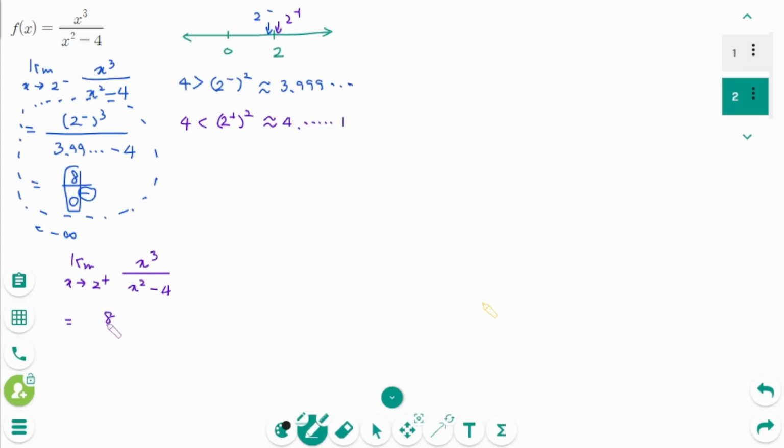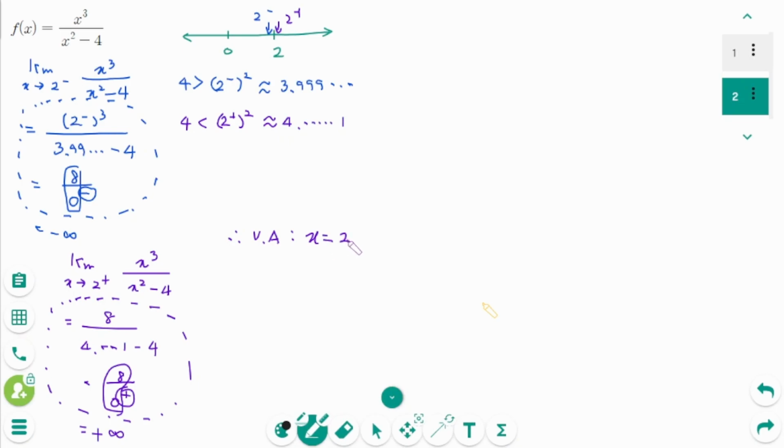So 8 over 4.00001 minus 4 equals 8 over 0 from the right side, which is infinity and positive. And this part is only in our head. Therefore, the vertical asymptote is x equals 2.